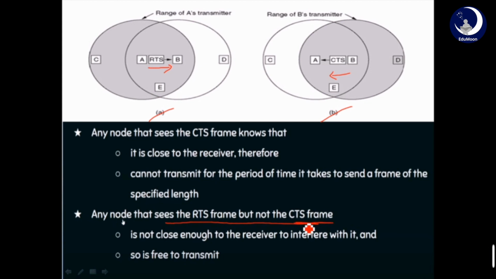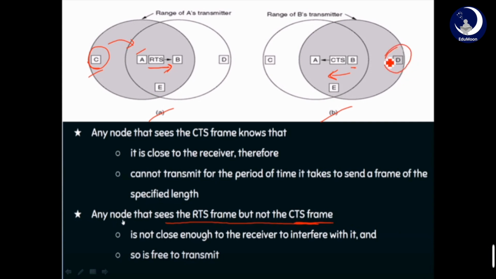For example, C senses the RTS as it is in the range of A, but it does not sense the CTS as it is not in the range of B. So C waits for some amount of time until the transmission is completed and then sends data, if C wants to send data.